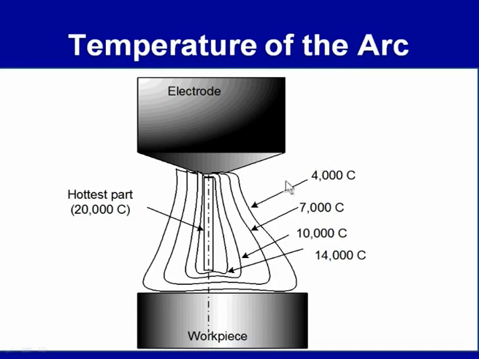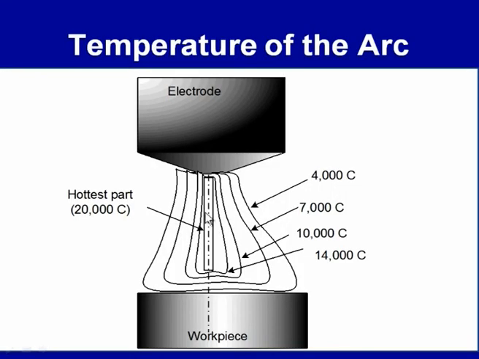Say the outer surface is around 4000 and along the axis of the arc it is 14,000. So, maximum temperature is generated along the axis of the arc, and you can say the hottest region is around 20,000 degrees centigrade in the heart of the arc, along the center line of the arc.